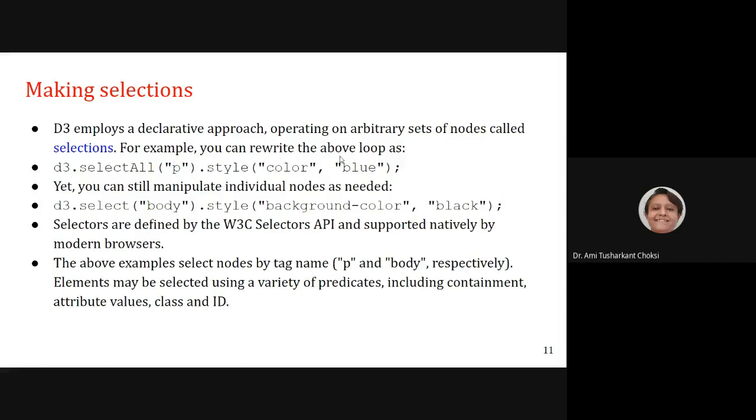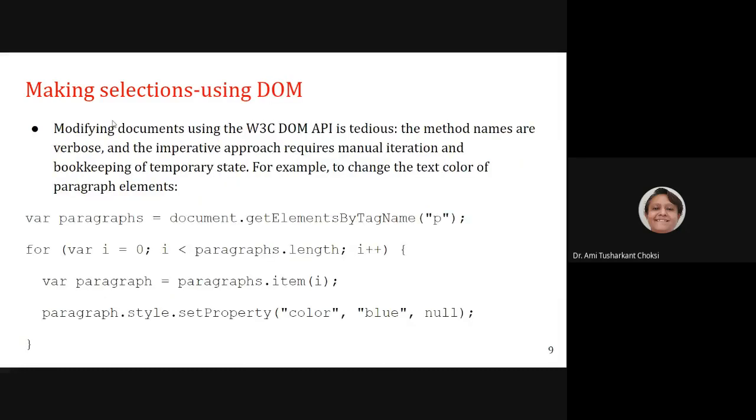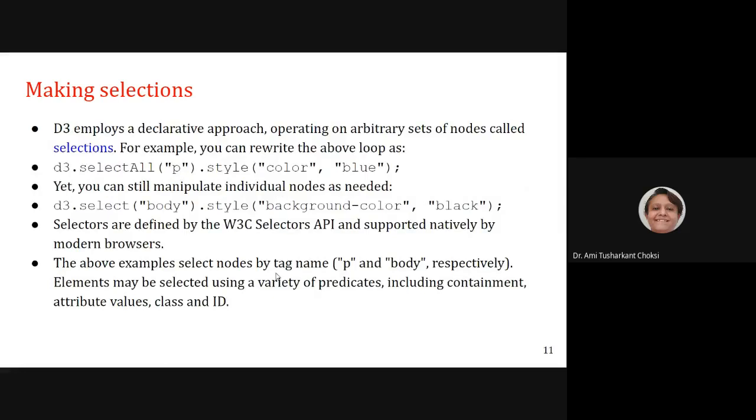Instead of the whole loop we have just seen previously, what we can do is use something very simple, that is d3.selectAll, and p, for the p tag we want to apply, then .style, where we provide the CSS property, that is color, and its value is blue. Very simple, isn't it?